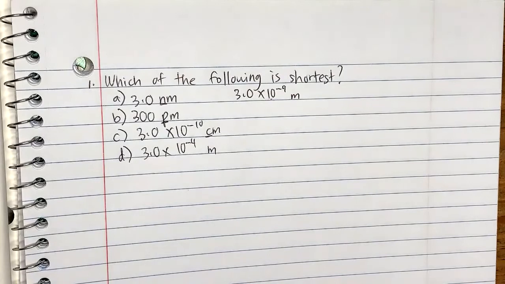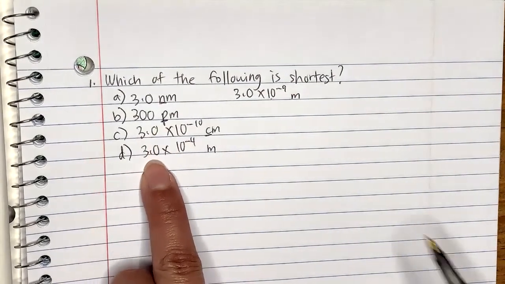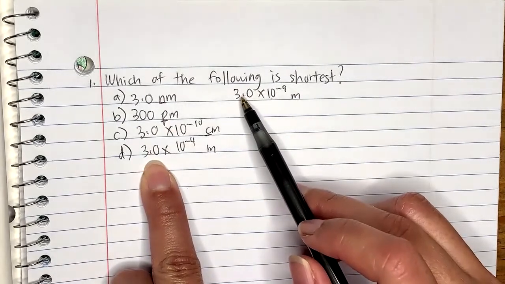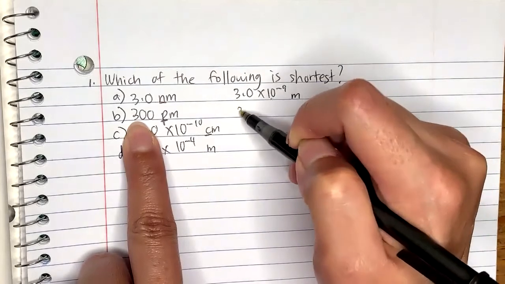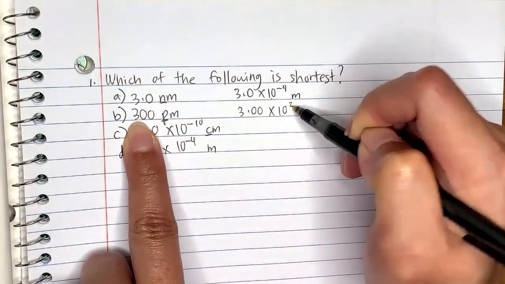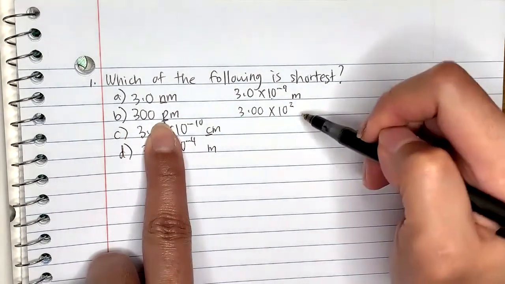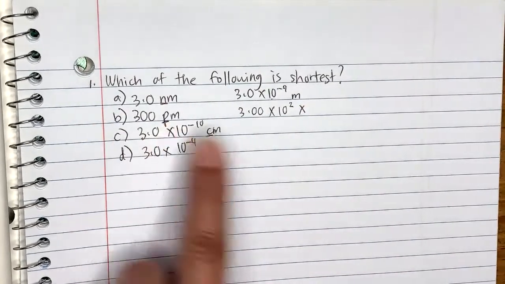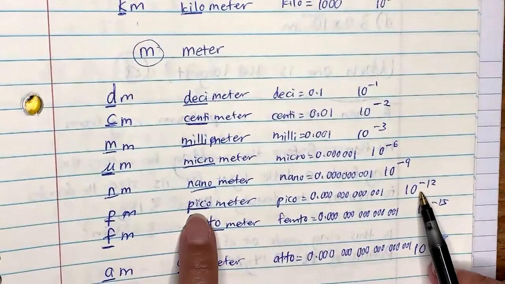Okay, and then I want to convert pico, and I want to use basically centimeter notation here. So 300 is 3.00 times 10 to the 2. Agree? That's how you get 300. Then I want to times what pico means, and pico means 10 to the minus 12.